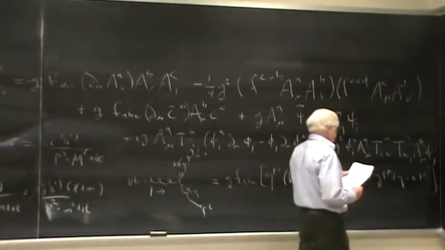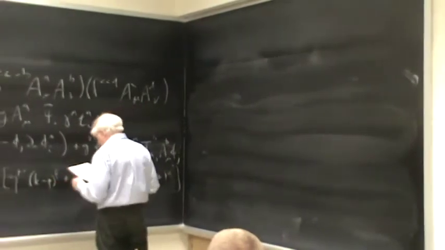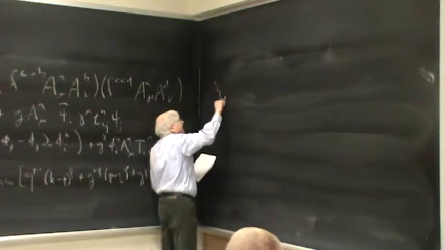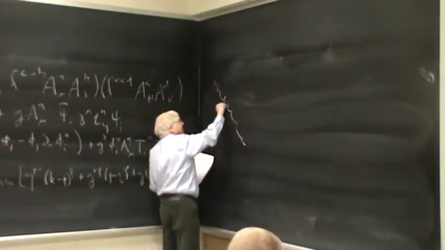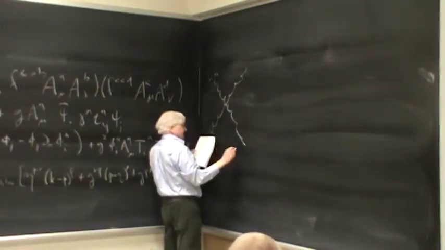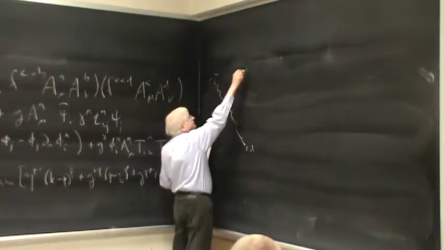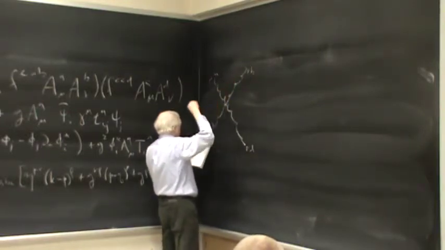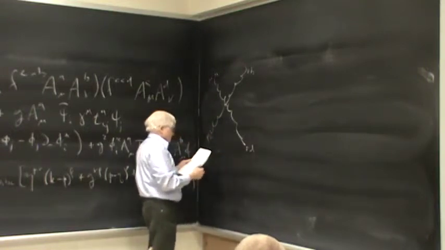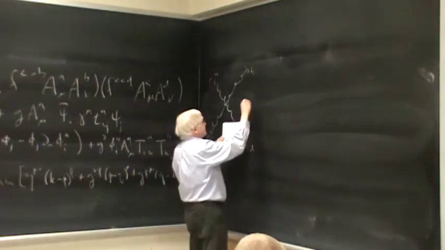The next, of course, is the quartic gluon vertex, and I'll just write it like this. Mu A, sigma D, rho C, nu B, and everything going in. Well, there aren't any momenta, so you don't need to do that.